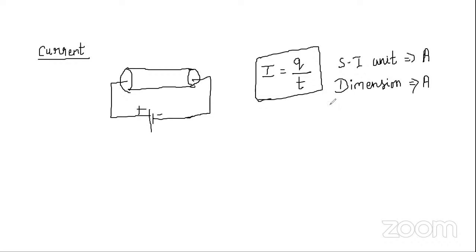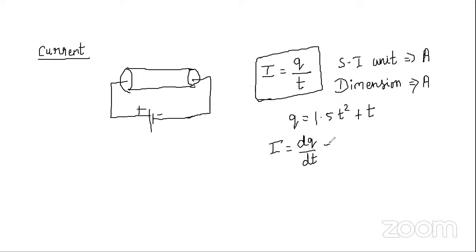So the rate of flow of charges. Whenever the charge is given as a function of time, for example 1.5 t square plus t, and you have to find the current flowing due to these charges, you have to go for differentiation.